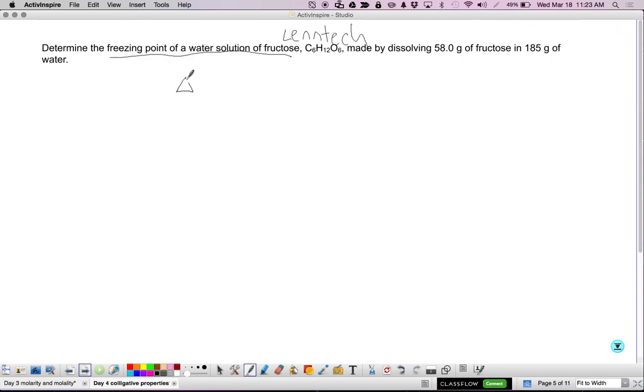So, determine the freezing point of a solution of fructose. Okay, so delta TF equals KF times the molality. Now, this gives me freezing point depression. And there are kind of two ways that I can go about this. The first way is I can calculate the freezing point depression, and then in another step, figure out the actual freezing point. Or I can do it now.